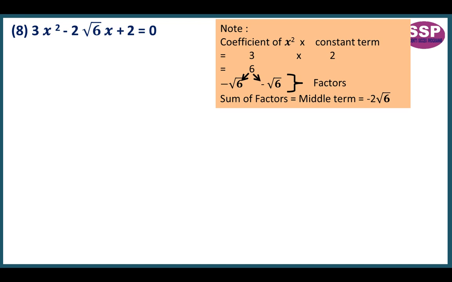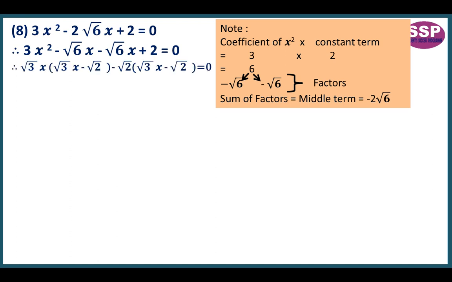So in the next step we have to use these factors and we get 3x square minus root 6x minus root 6x plus 2 equal to 0. Now taking root 3x from the first group, we get under root 3x into bracket under root 3x minus under root 2 bracket complete.